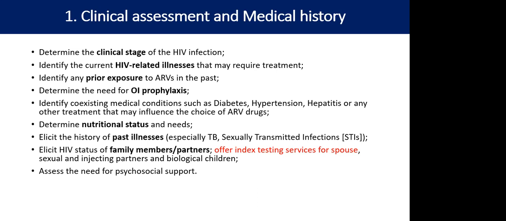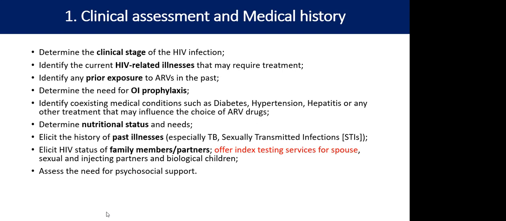We need to do that, and identify any prior exposure to antiretrovirals in the past, whether received antiretroviral drugs from the private sector or at another ART center and then migrated to another center, or might have received single dose nevirapine in the past as a PPTCT program medication, or it could be post-exposure prophylaxis medicine, both occupational and non-occupational exposure, or even pre-exposure prophylaxis with antiretrovirals.